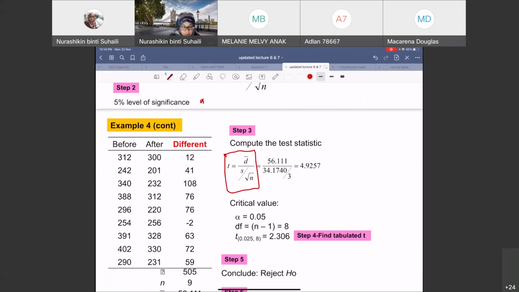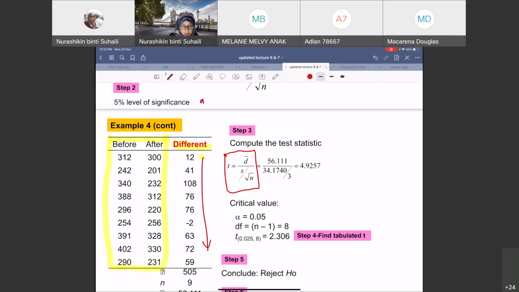Since this is the data given to you, for these dependent samples it's better to construct a set of data in vertical form like this, before and after, so that it's much easier for you to calculate, because you need to calculate the difference.